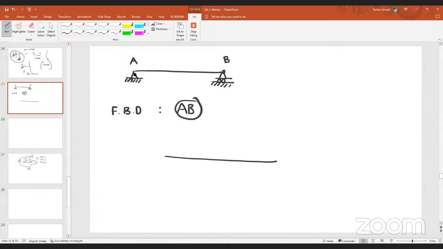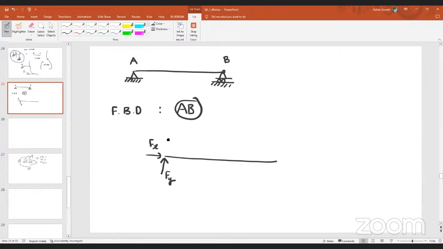That means it is imposing resisting forces at point A. So the effect of having a hinge support at point A is nothing but forces. We have already seen that in a 2D case, two forces will exist: the force along the y direction and the force along the x direction.